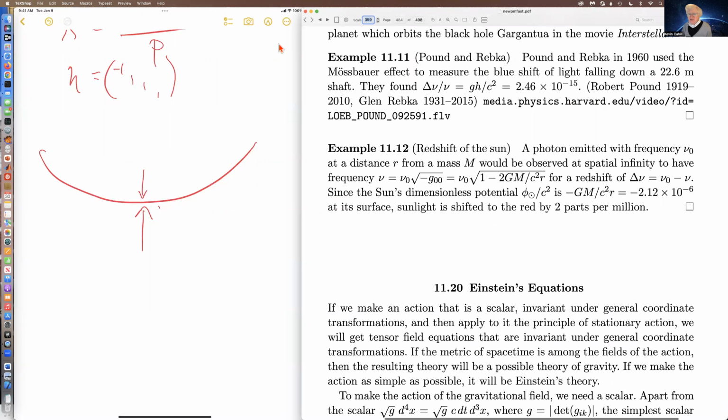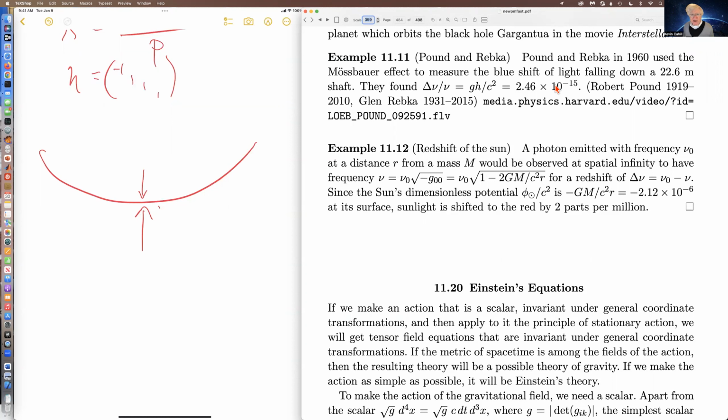Pound and Rebka in 1960 demonstrated this. They used a tower in the Harvard physics department, actually, and they used the Mossbauer effect, which was new at the time, and were able to measure the shift in light falling only 22.6 meters down a shaft.